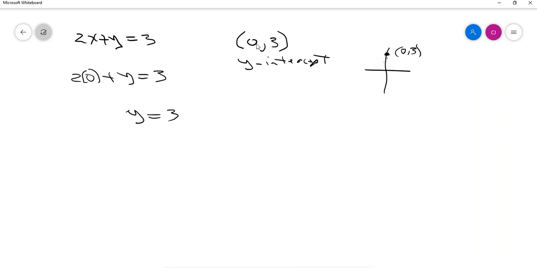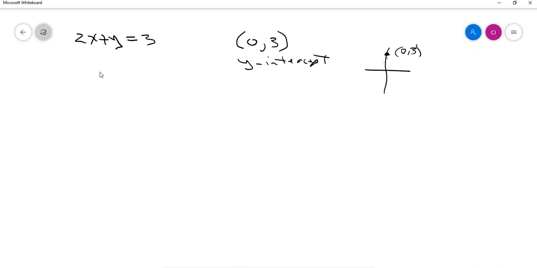When x is 0, you find your y-intercept, right? So let's go ahead back here and erase this. Now, we have the y-intercept.